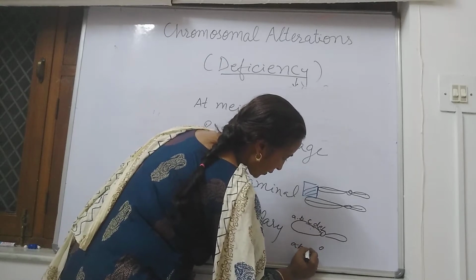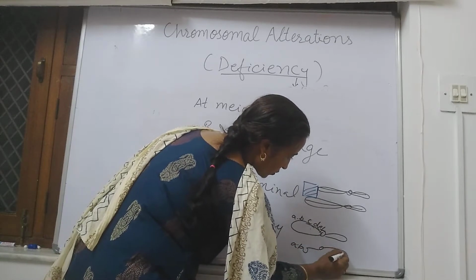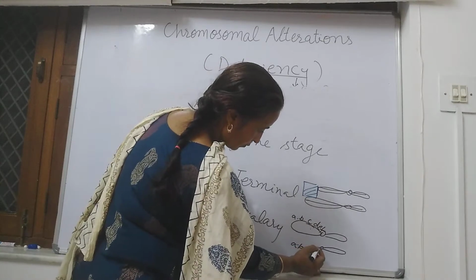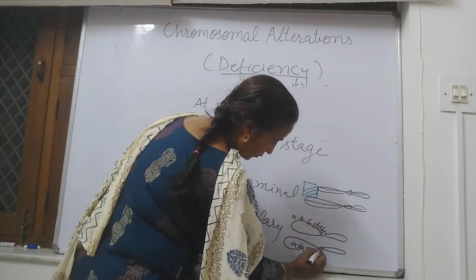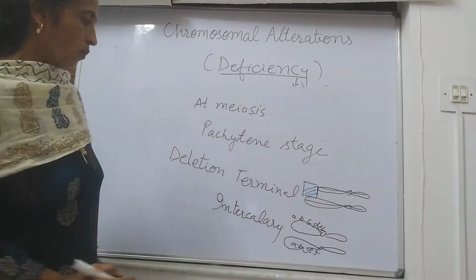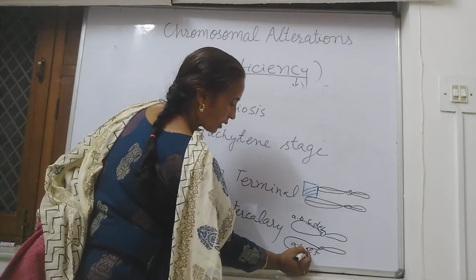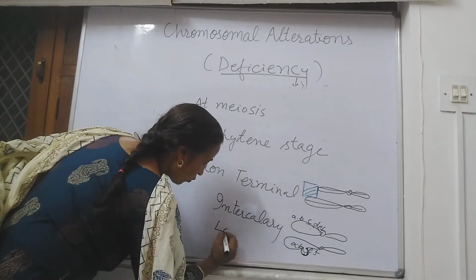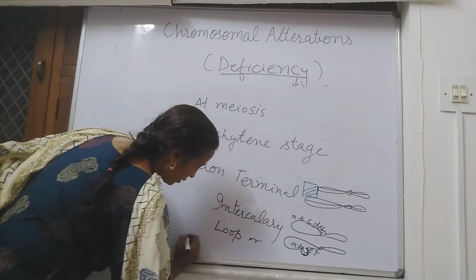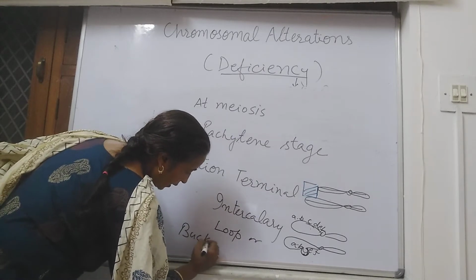So at the time of pachytene, a loop is formed. This is also called a loop or buckling effect.